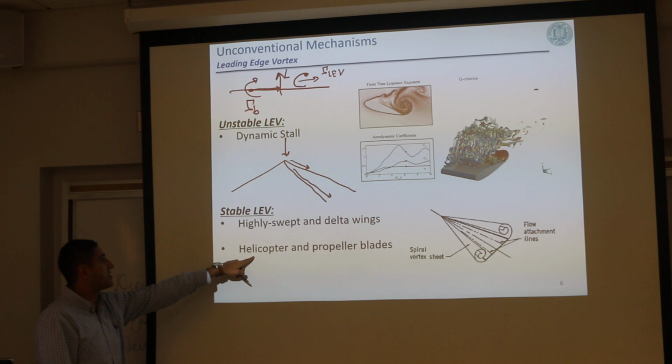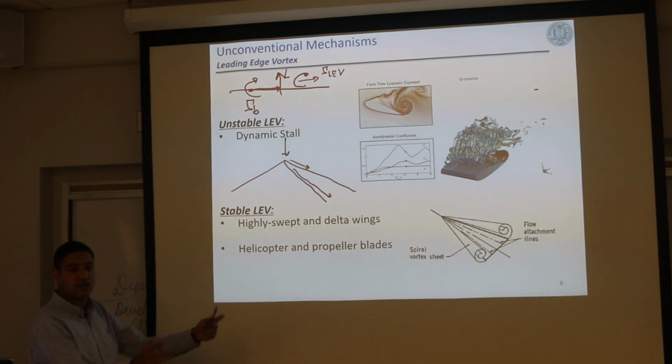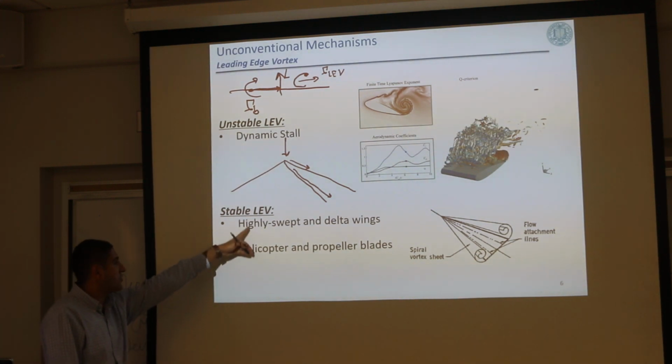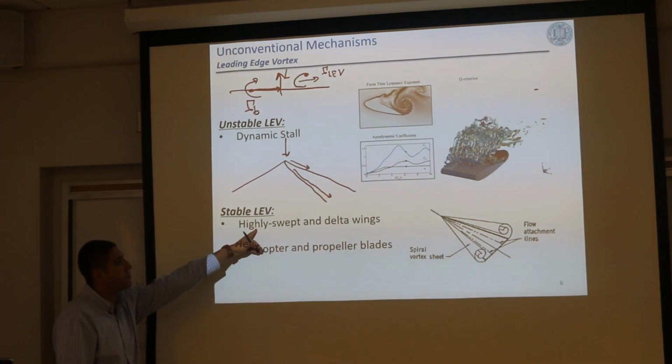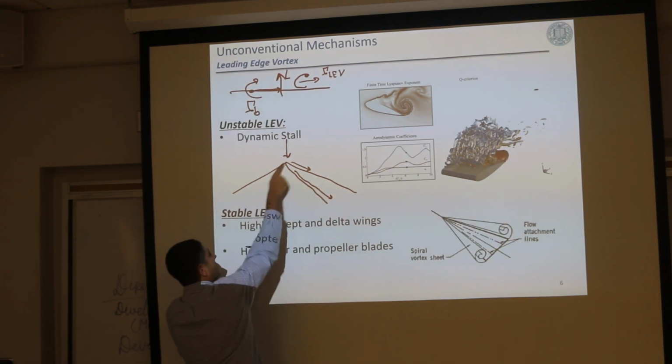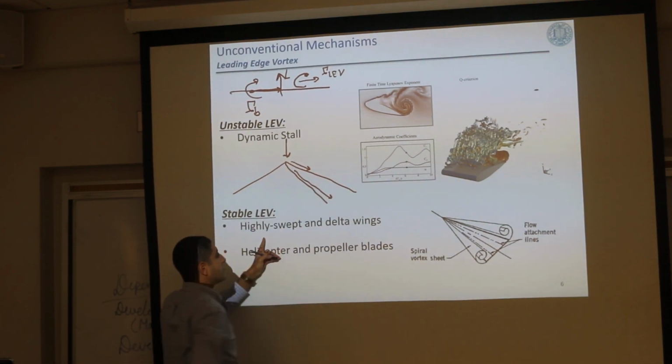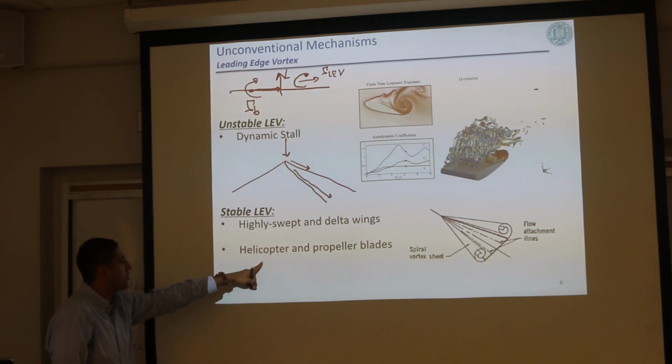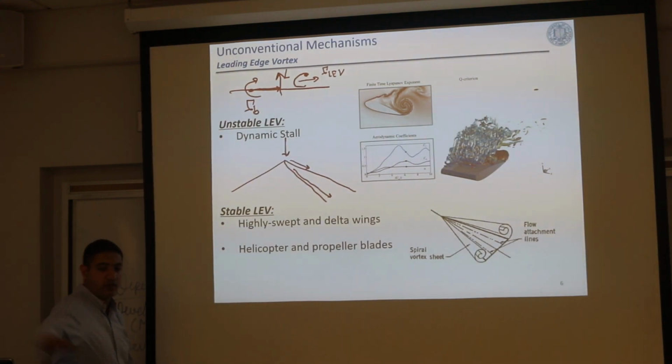What is the source of the span-wise flow here? We said, okay, to stabilize the leading edge vortex, you need a span-wise flow. So what's this over here? The source of the span-wise flow, because you have an inclined edge, so you get a span-wise flow. What's the source of the span-wise flow for a helicopter blade? Any idea, any suggestion?